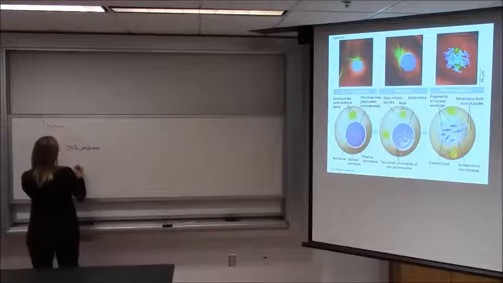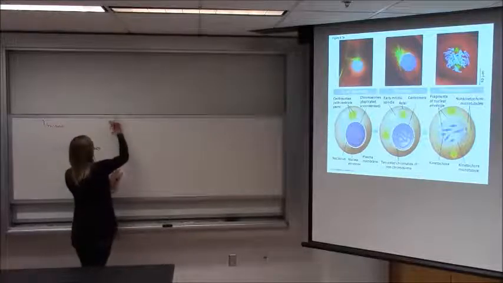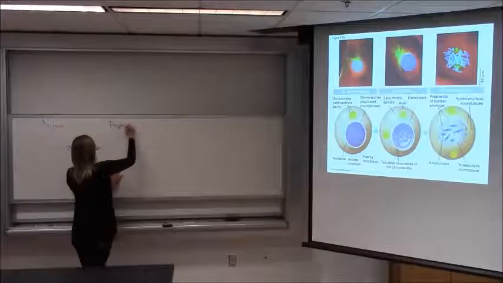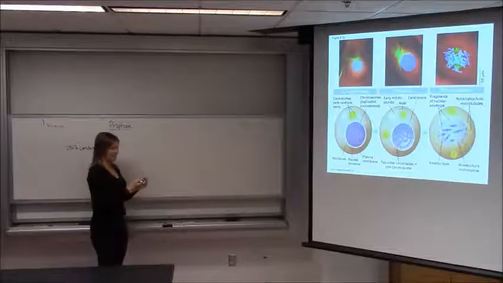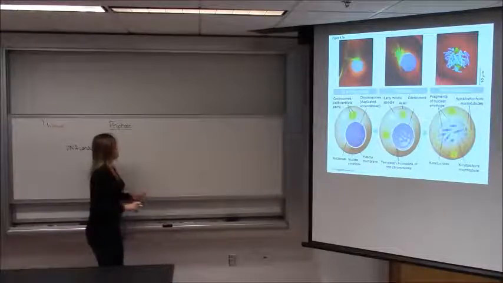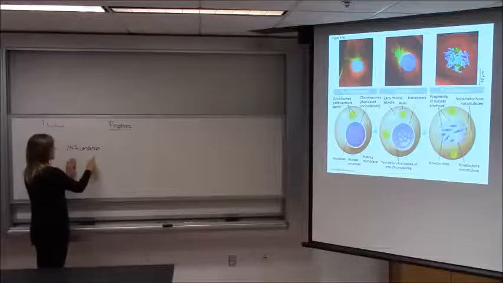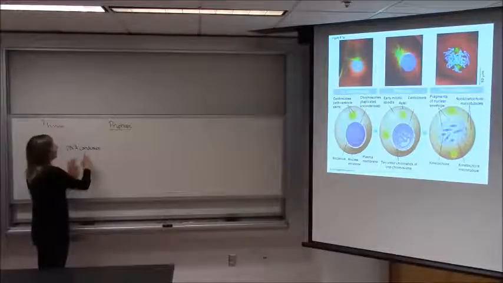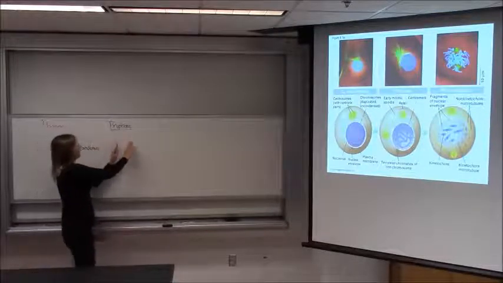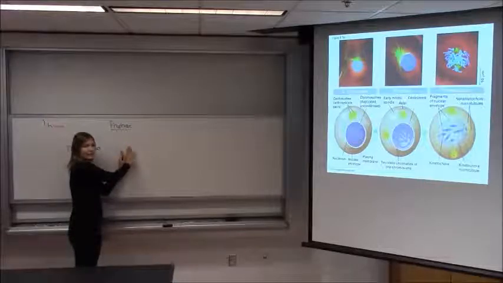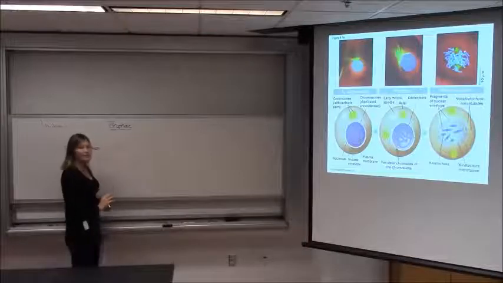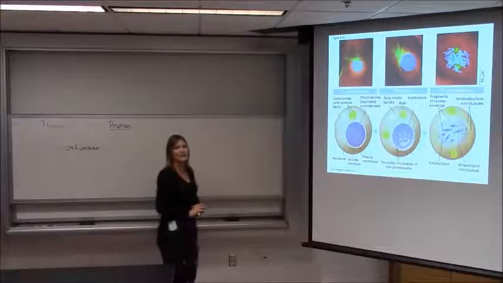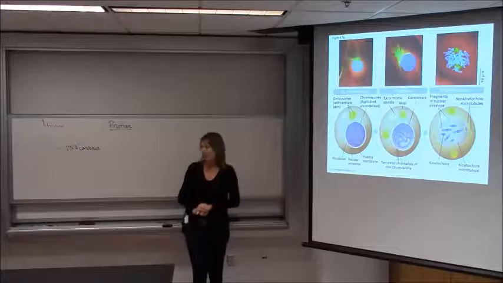So DNA condenses, and as we start entering prophase, which is the first stage of mitosis, you start to see chromosomes, individual chromosomes, for the first time under the microscope.